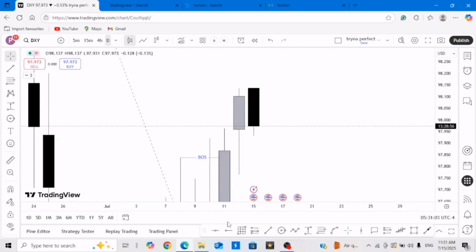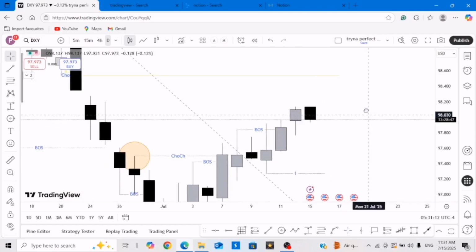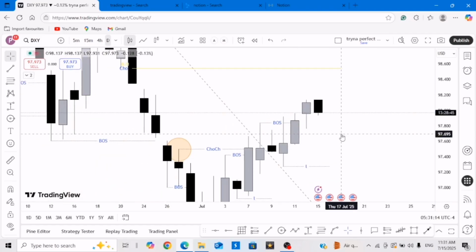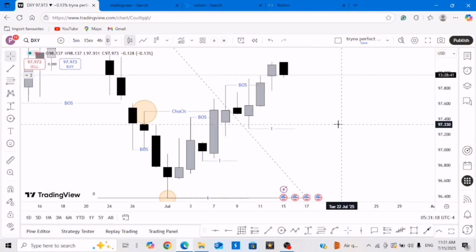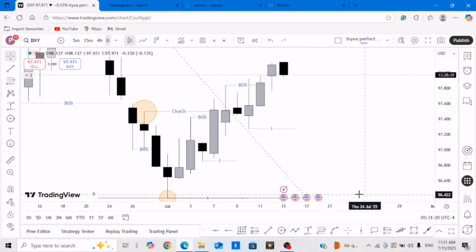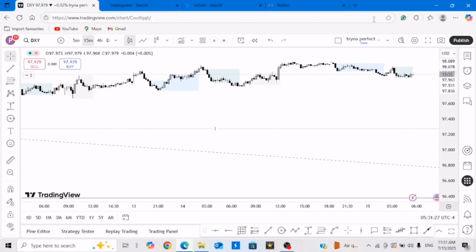It's creating the low of the day before shooting up to create the high. So I'm expecting the dollar index to push up around New York session, because right now we're still in London session. So that's what I see on the dollar index.